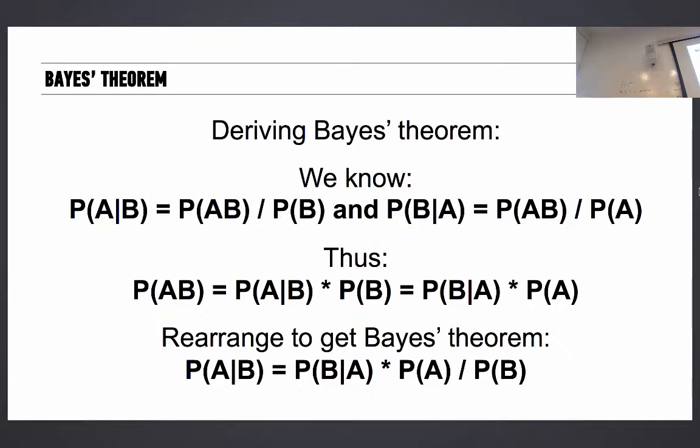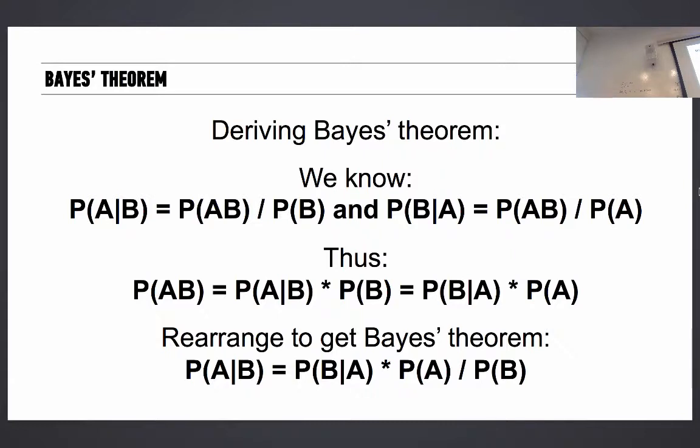Guess what? Probability of A and B, probability of A and B. These two quantities are exactly the same. So the probability of B times the probability of A given B now equals the probability of B given A times the probability of A. I just flipped these around. Multiplication is commutative, it doesn't matter. Last step.